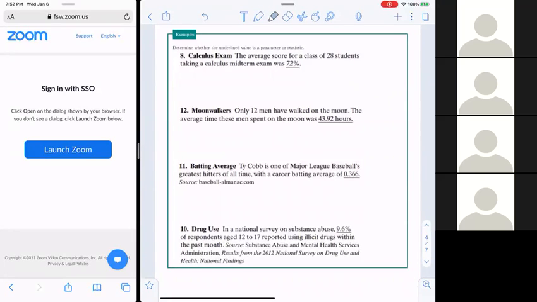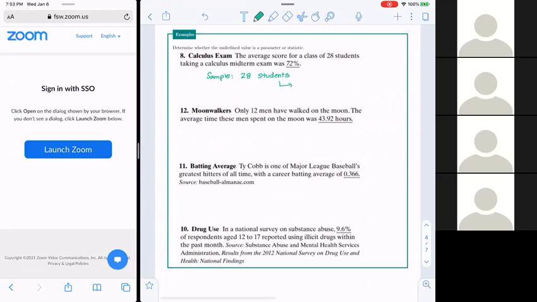So if we break this down, we can see that we have a sample. The sample had 28 students. And what value did we get from those 28 students?